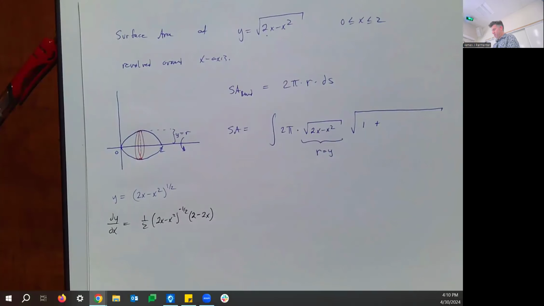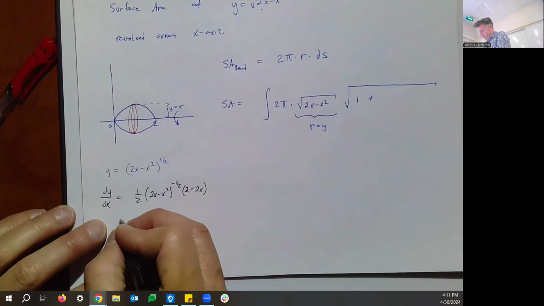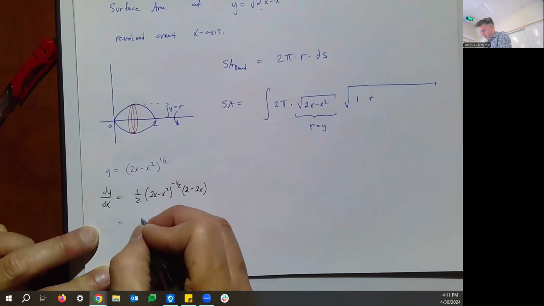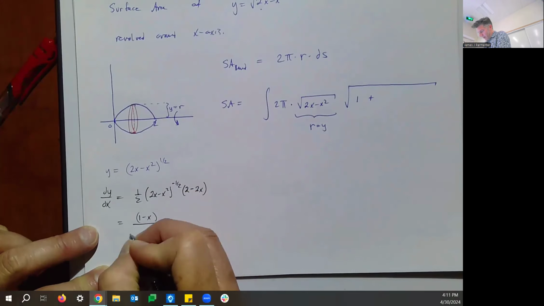Okay. It might be worth our while to simplify that. 1/2 times 2 minus 2x is just 1 minus x. And this 2x minus x squared to the negative 1/2 is really dividing by the square root of 2x minus x squared.